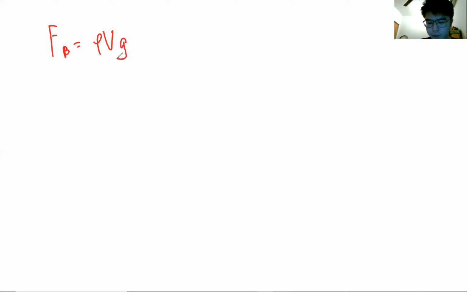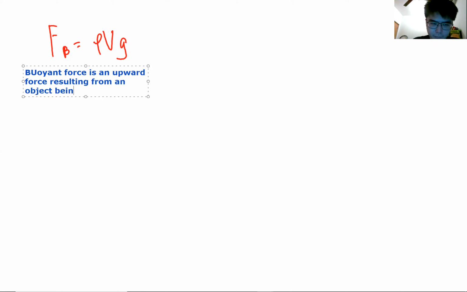Now, if you look at the definition of the buoyant force, you can see it in your textbook or reference book. Buoyant force is an upward force resulting from an object being wholly or partially immersed in a liquid.